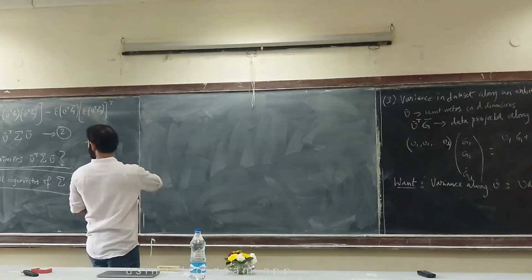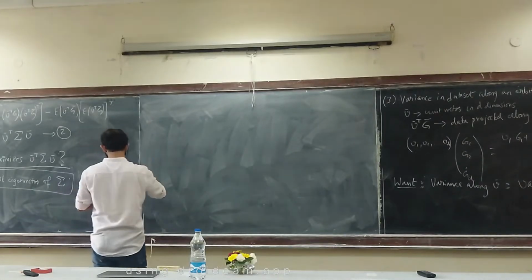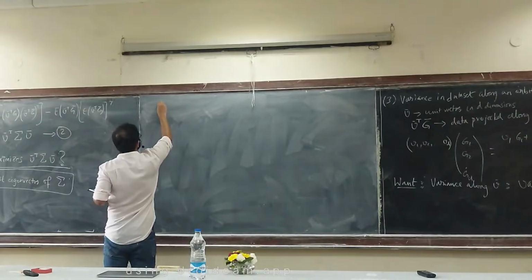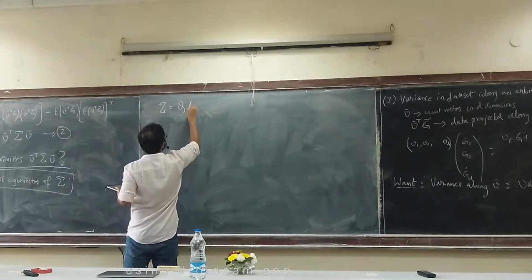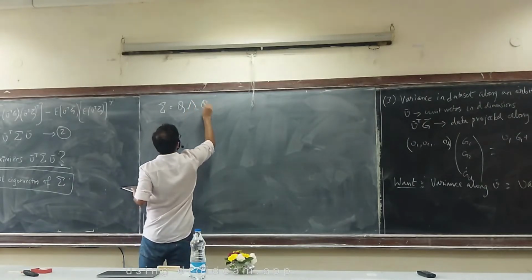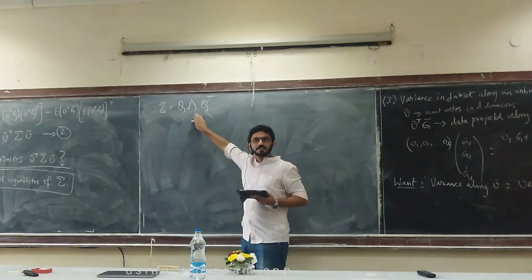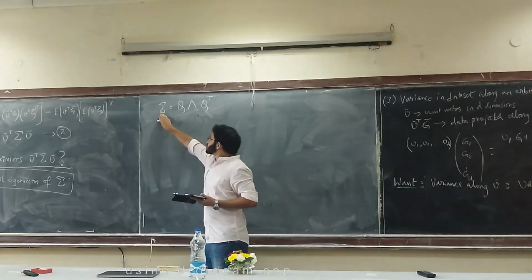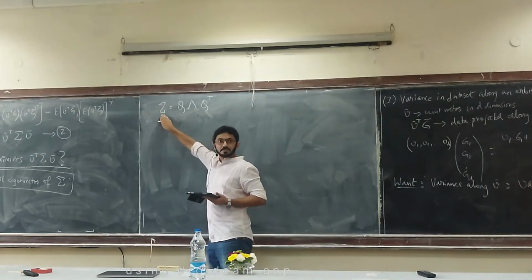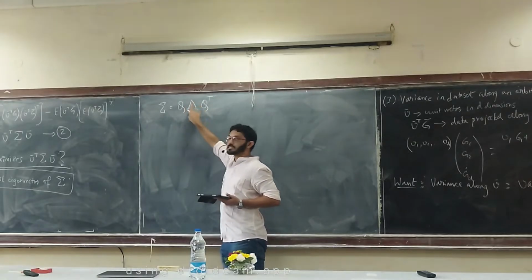So what we need is the spectral decomposition. Sigma can be written as Q lambda Q transpose. Remember, this is just my diagonalization formula. You have a matrix here, and you're just representing that same linear transformation in a coordinate system that is your eigenbasis. That's why you have a diagonal matrix over here.